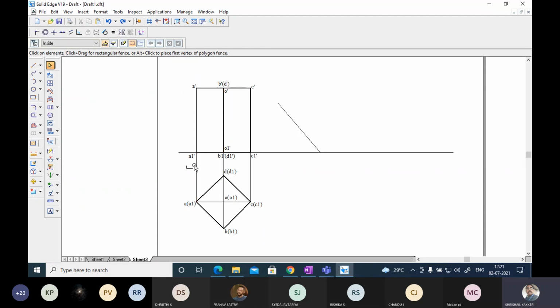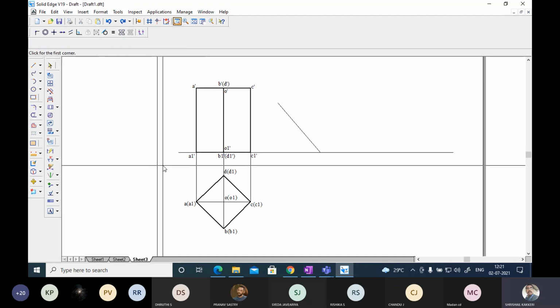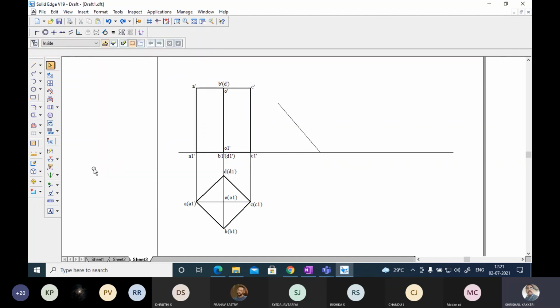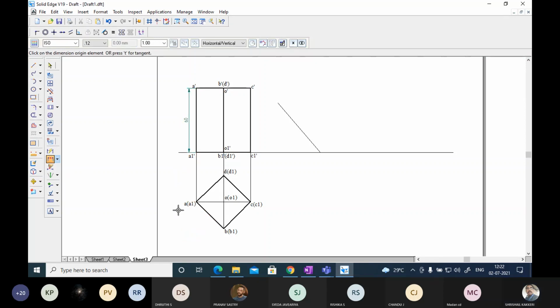Now what I'm doing is select whole thing, and before that please make it as compulsory. Always you write the dimensioning in the beginning only, because you will be forgetting it. Finally, whatever the marks you have to get for the dimension, you will not get it. This is 60, and you can take power dimensioning also.